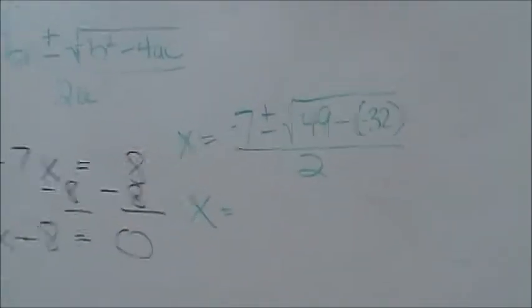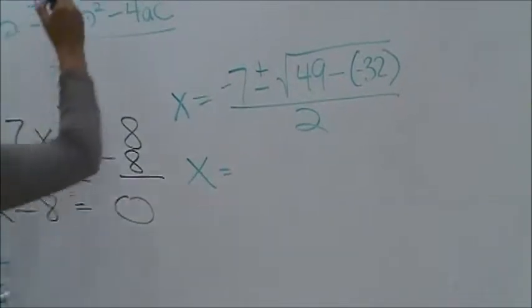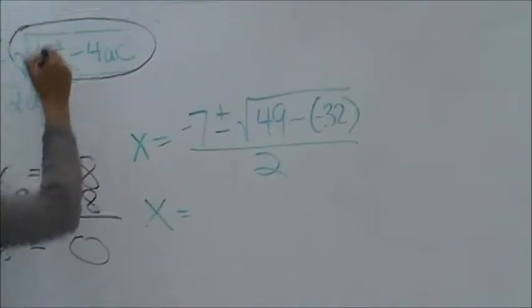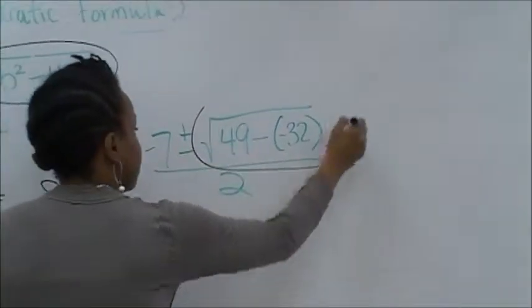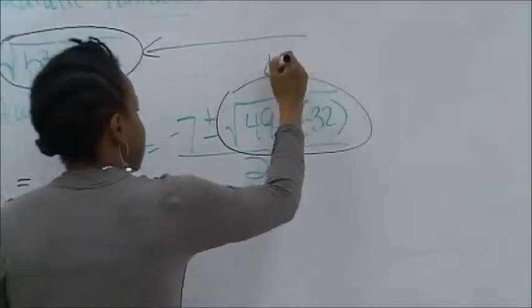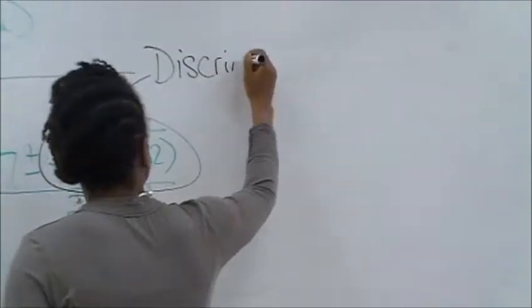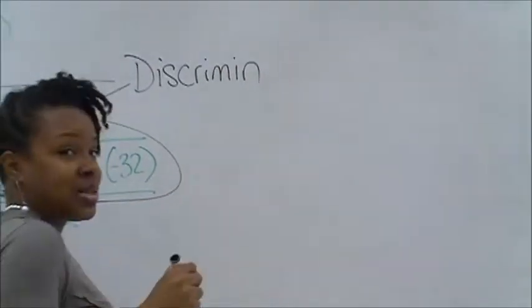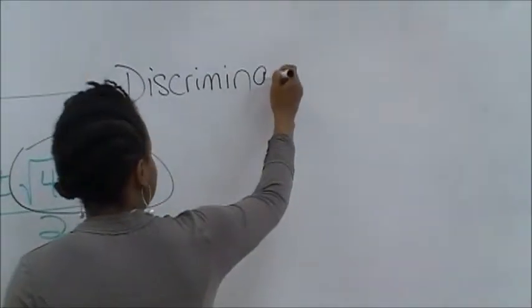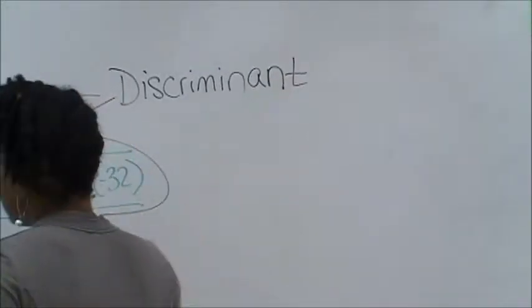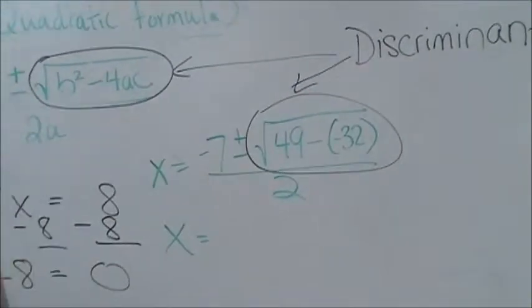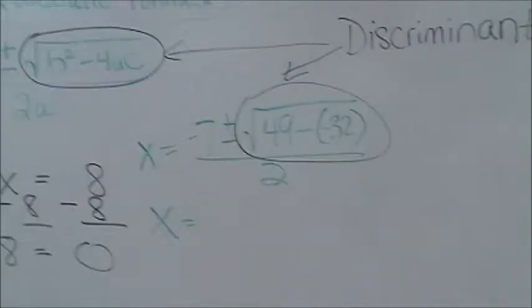Everything in that square root sign has a name. This whole part of the formula right here has a name. And that name sounds like the word discriminate, but it's not discriminate. It's discriminant.